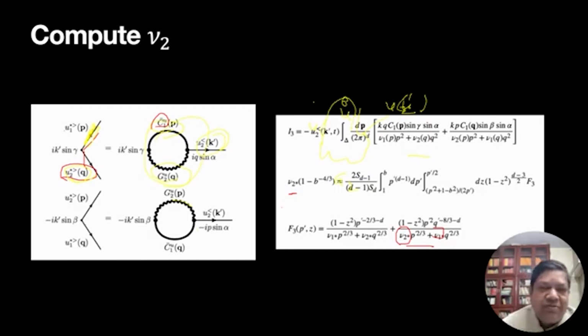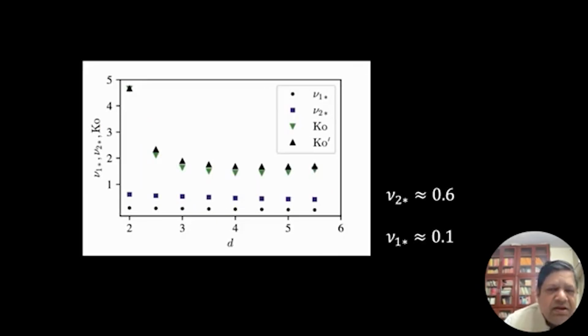So what do I do? I need to do it iteratively. So we can solve it iteratively, and it turns out it has a solution. I will show you what they are. I did solve it for various dimensions from 2 to 6. I went up to 6.